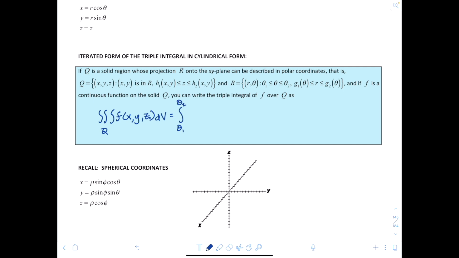The middle one is going to be g1 at theta to g2 at theta.